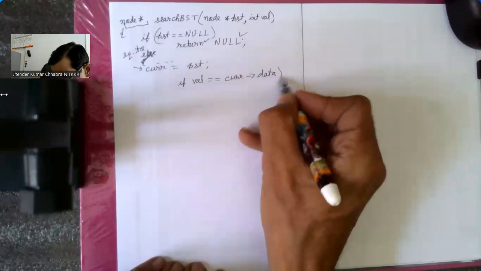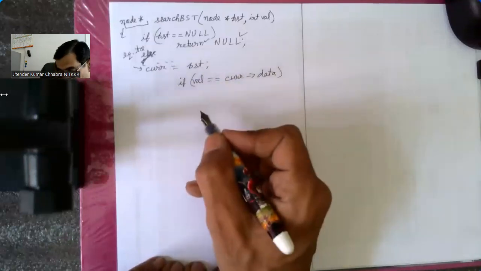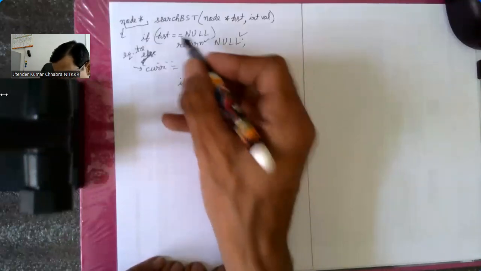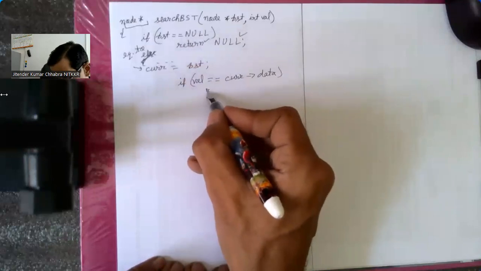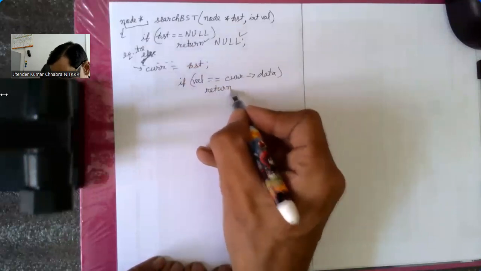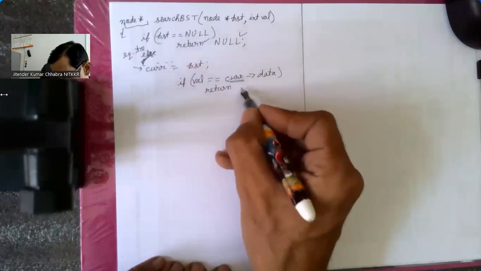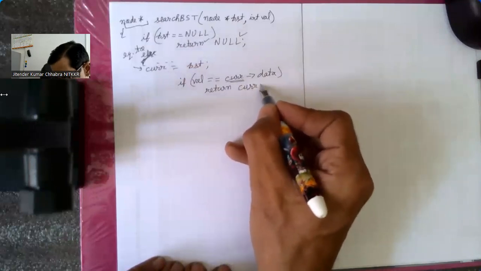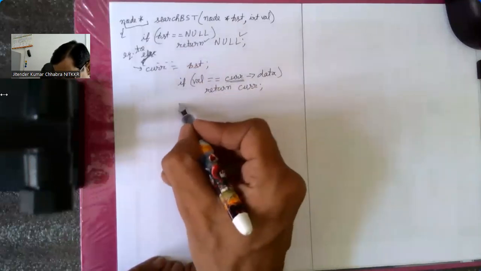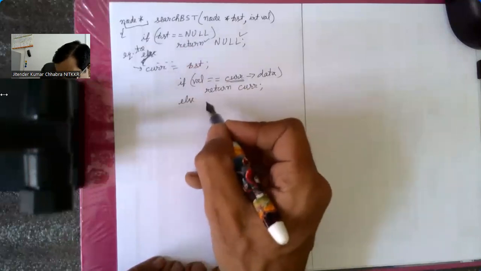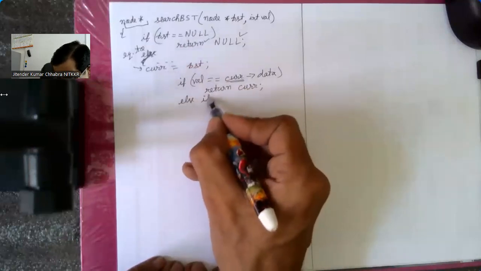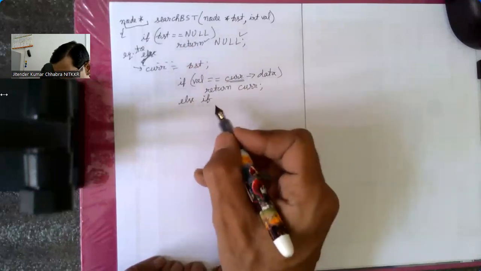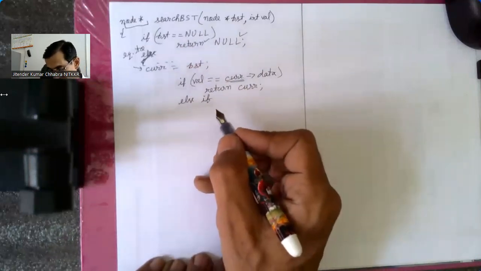Data found, nothing else to be done, work is over. Work is over means you can return the node. Which node to be returned? Yes, current. I have this current node ready, which has got the data. Done. Else, even if I don't write else, it means the same thing. But now writing else becomes much more meaningful because I want to compare the value.